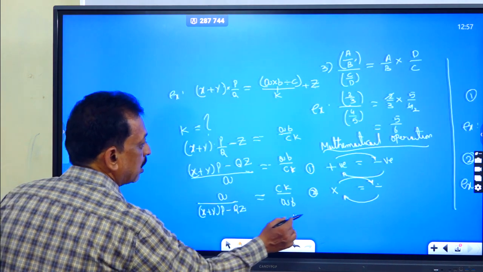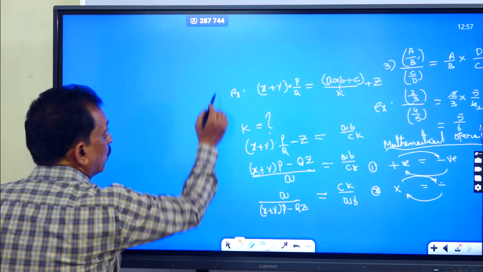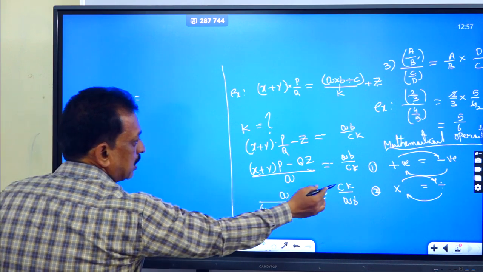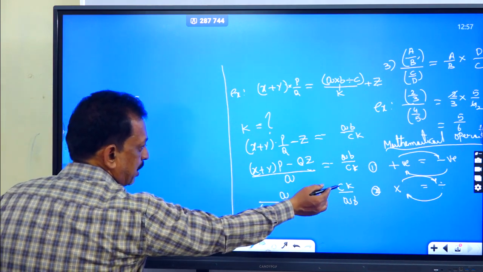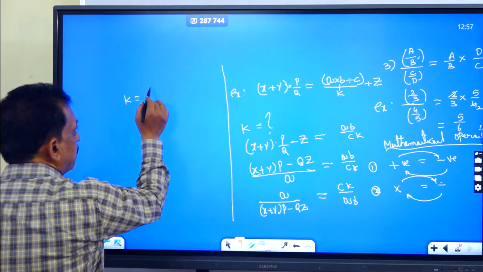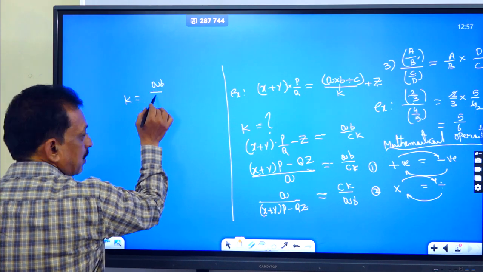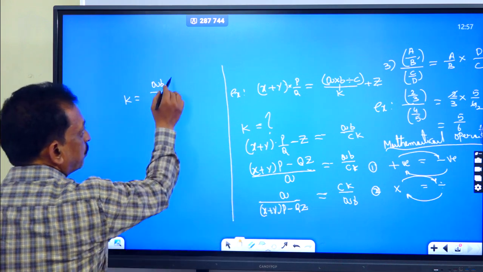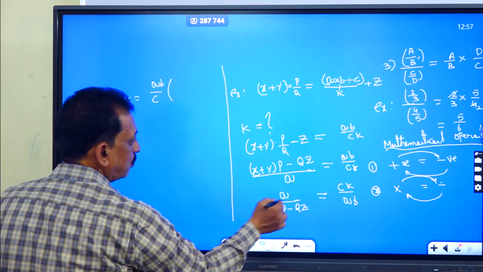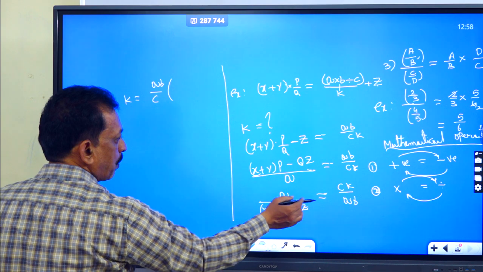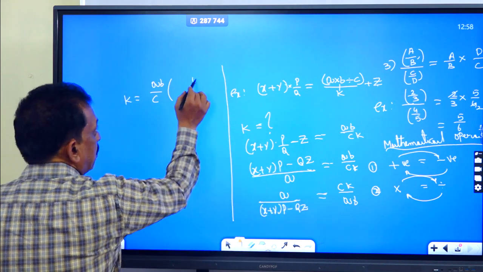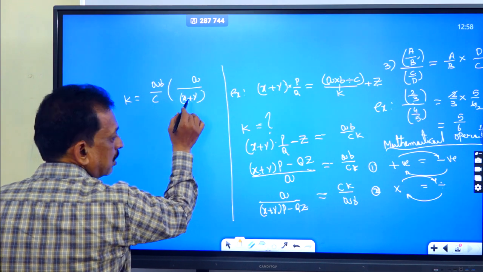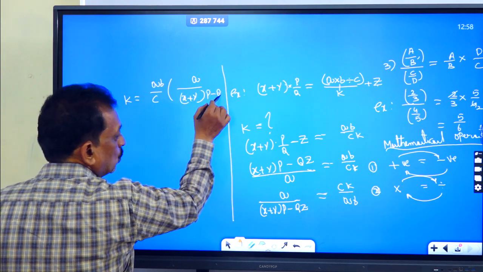ck by ab, and therefore k is equal to, direct now we got it. So what is the k? Because c by ab is there, it is multiplying and dividing, I can write directly ab by c, ab by c into, I brought this one and this one, so ab by c into a by x plus y, p minus qz.